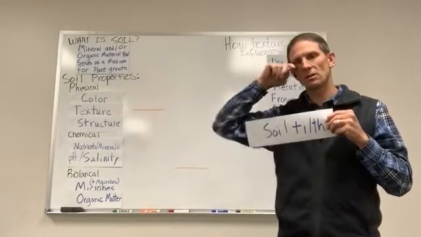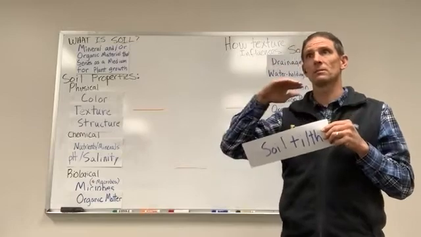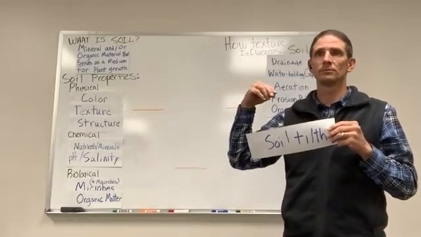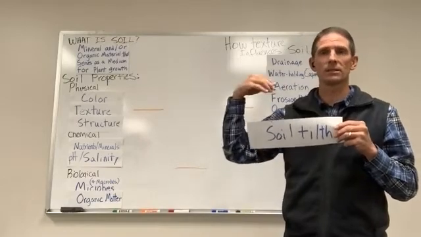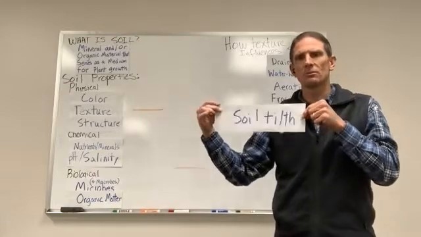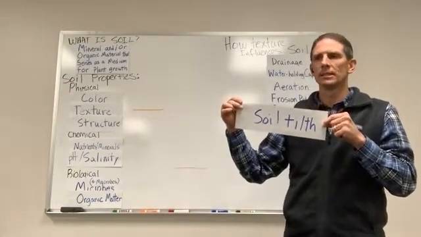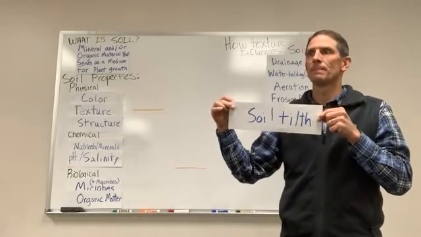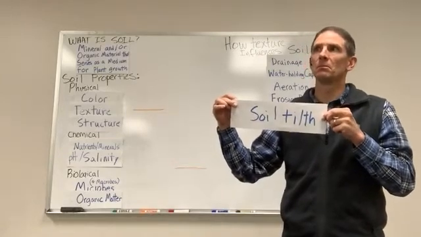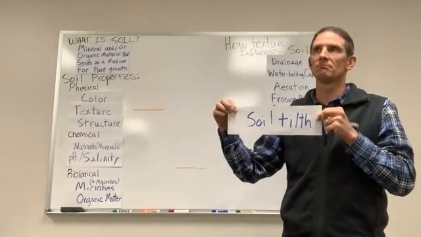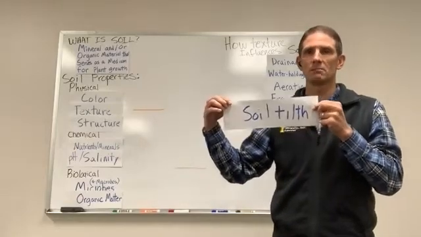The texture can affect if the soil surface crusts, for example, or relates to the water holding capacity, or if it's compacted. That's all related to soil tilth. So with soil tilth, just think of the ability, or what situation the seed is in when it's getting ready to germinate.